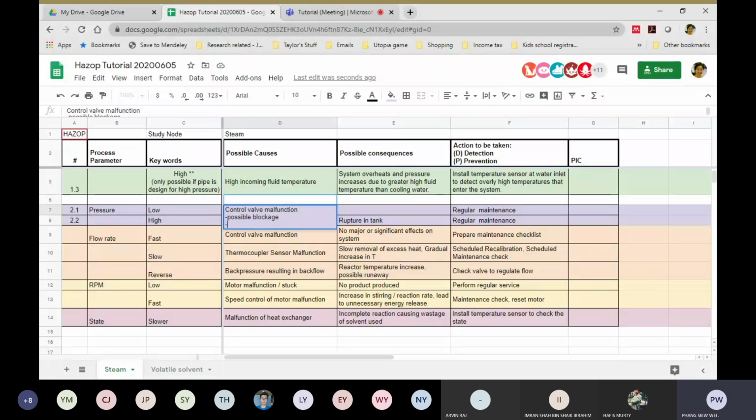Yeah, so you may want to write them down. Possible blockage, or the accidental wrong setting of the valve, because it's a control valve. Yeah, wrong setting.